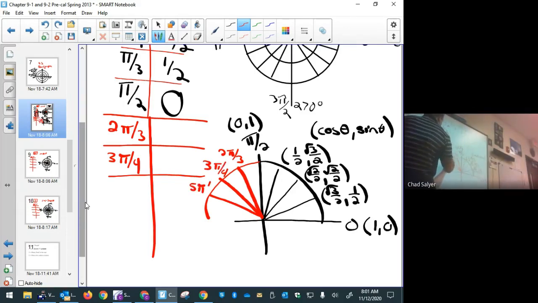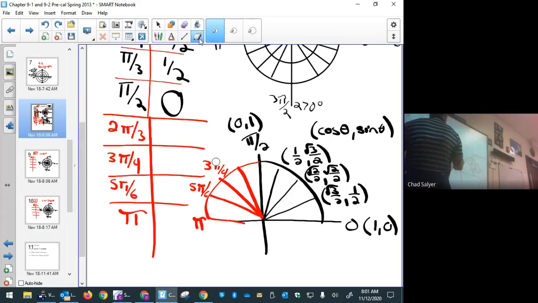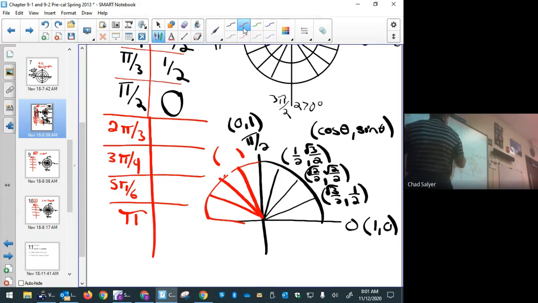Okay, so anyway, 3 pi over 4 is this next one. 5 pi over 6. And then pi. So those are the radians for these values. And remember the symmetry of the circle. It gives us the values here. Remember how these 2 points are symmetric, but we're in Q2 where the x is negative.